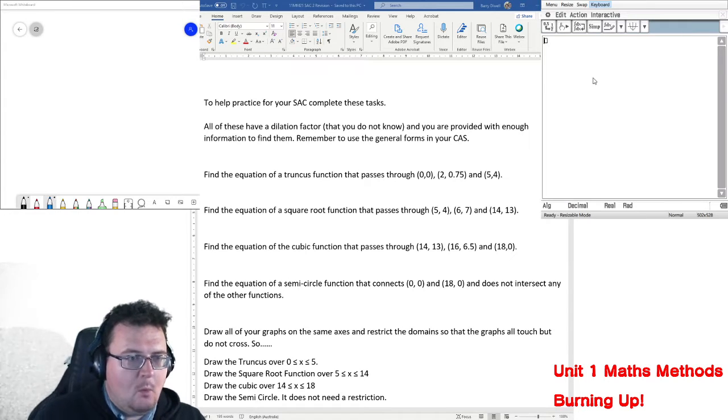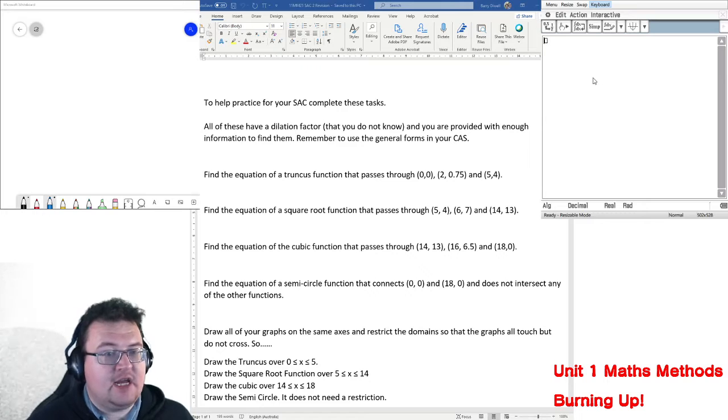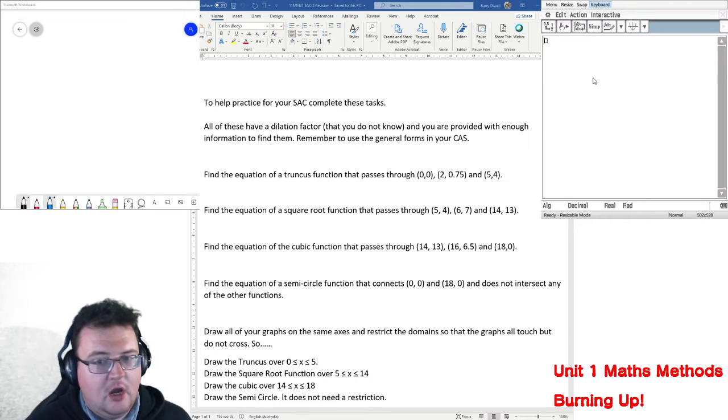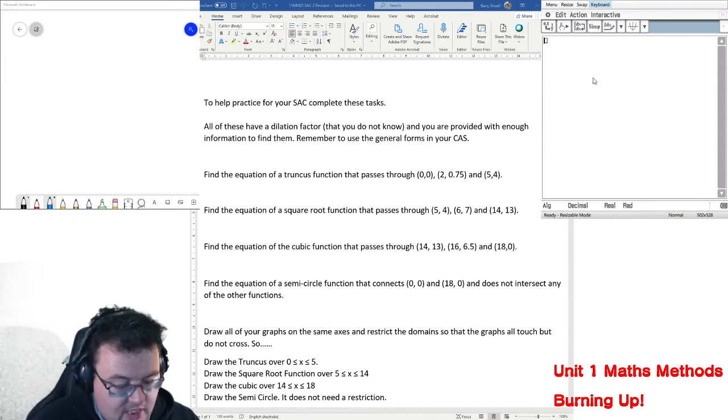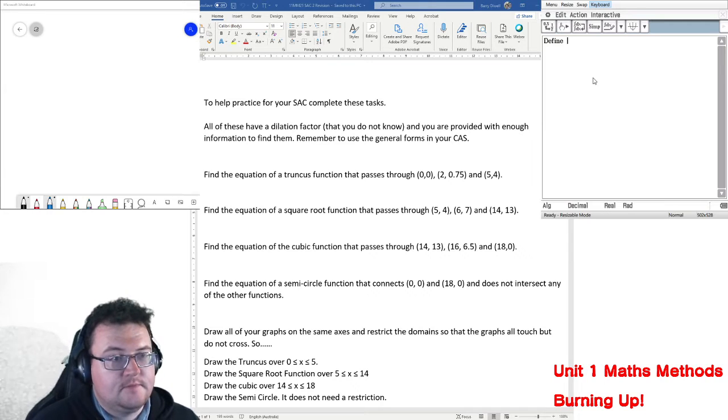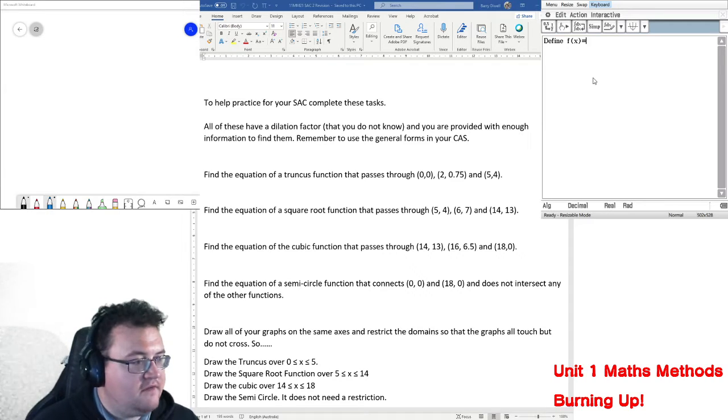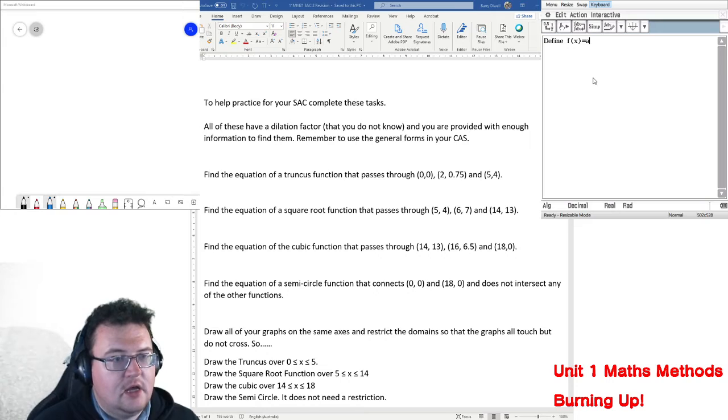So we first of all have to define our template function. Because this is a truncus, we are going to define f of x as a divided by (x minus h) squared plus k.